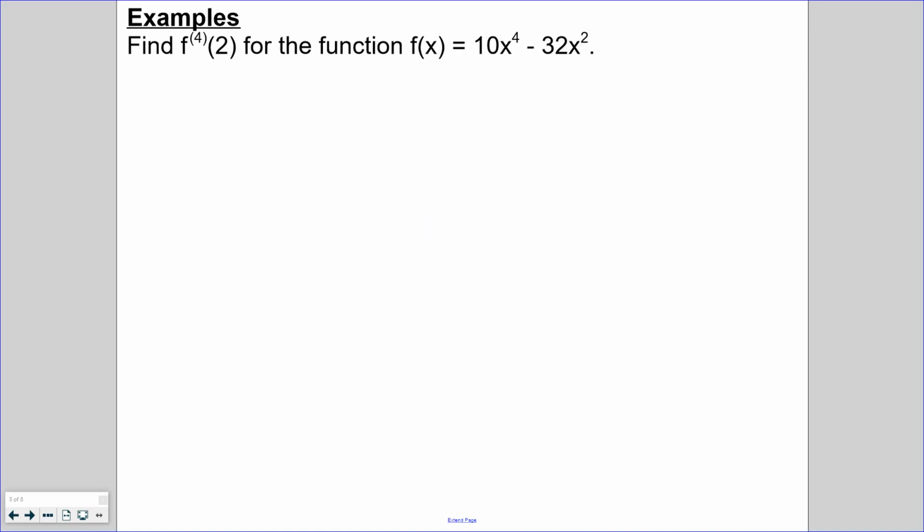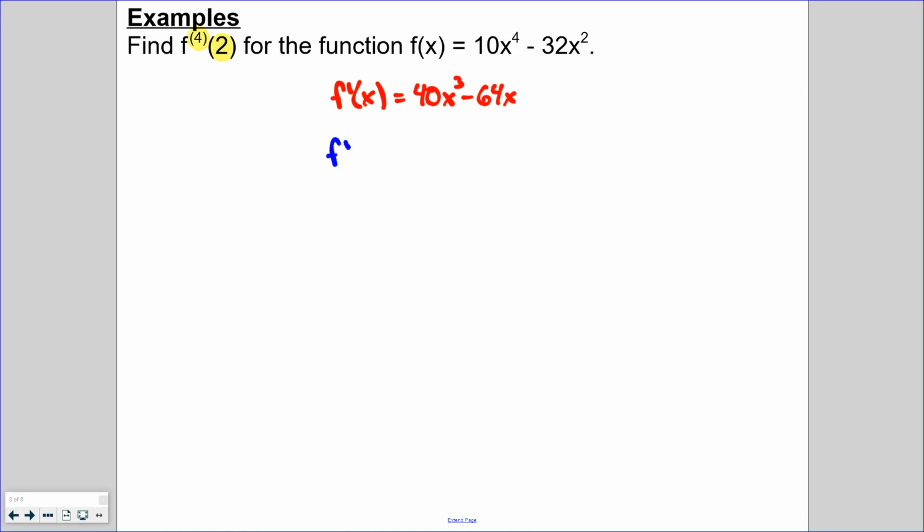And our last derivative. So here, we're trying to find the fourth derivative when x equals 2. And we're given the function f of x is equal to 10x to the fourth minus 32x squared. So, in order to find the fourth derivative, we got to take the derivative 4 times. So we're going to have f prime, which let's see is going to be 40x cubed minus 64x.